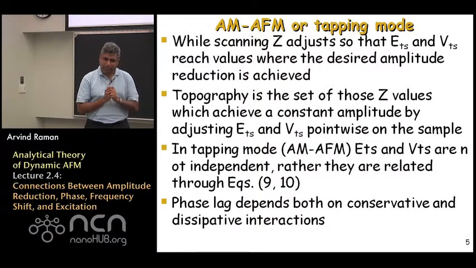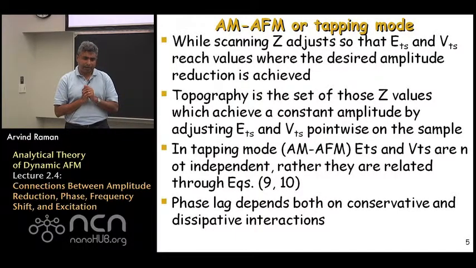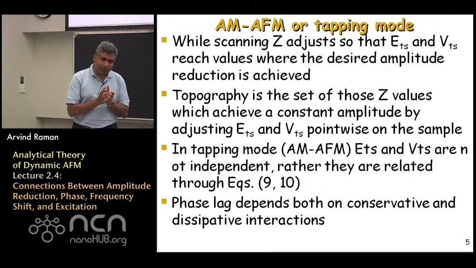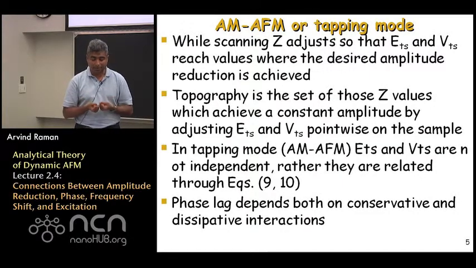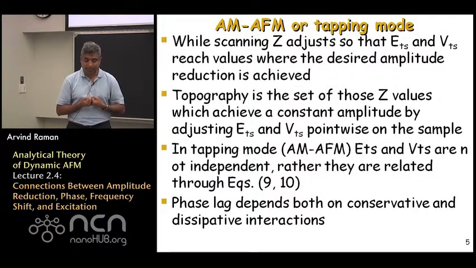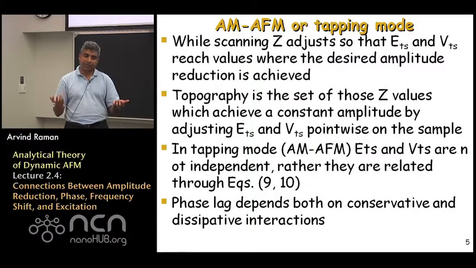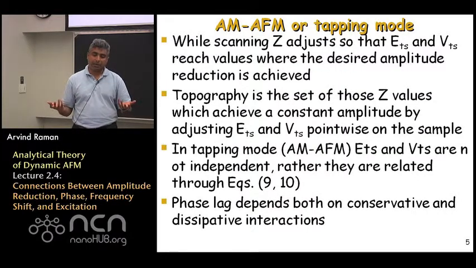In other words, the topography in tapping mode AFM is influenced by a combination of conservative tip-sample interaction forces contained in VTS and dissipative interaction forces contained in ETS. The other important thing that emerges from this analysis is that ETS and VTS, the dissipation and virial, are not independent quantities in tapping mode AFM.